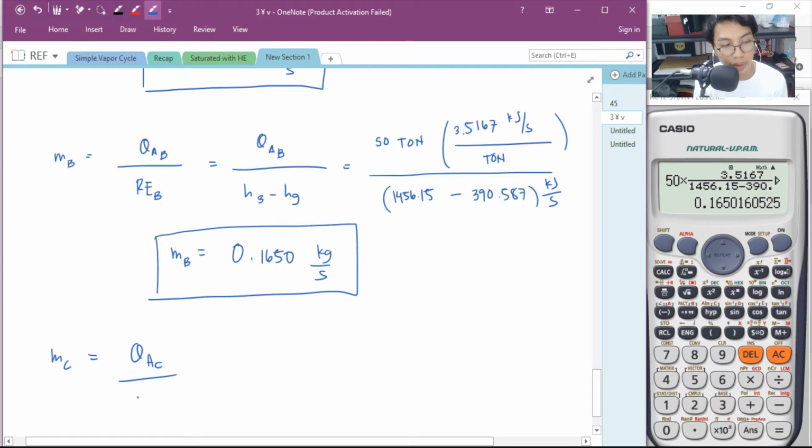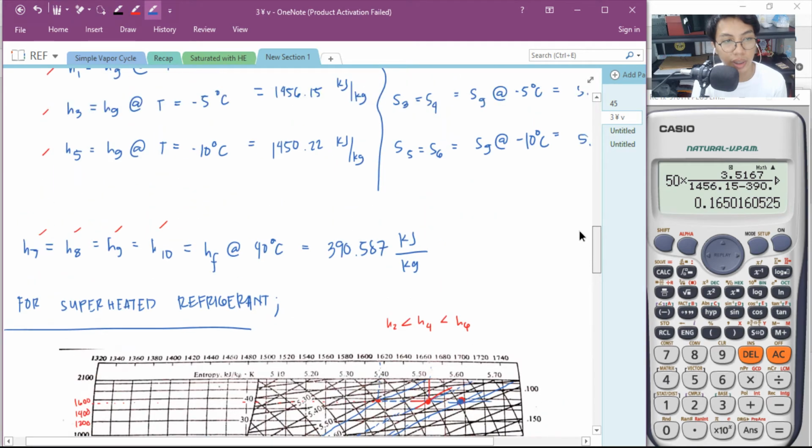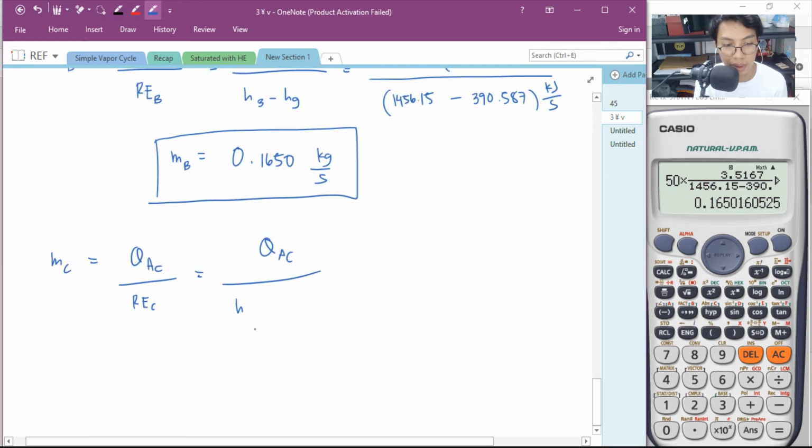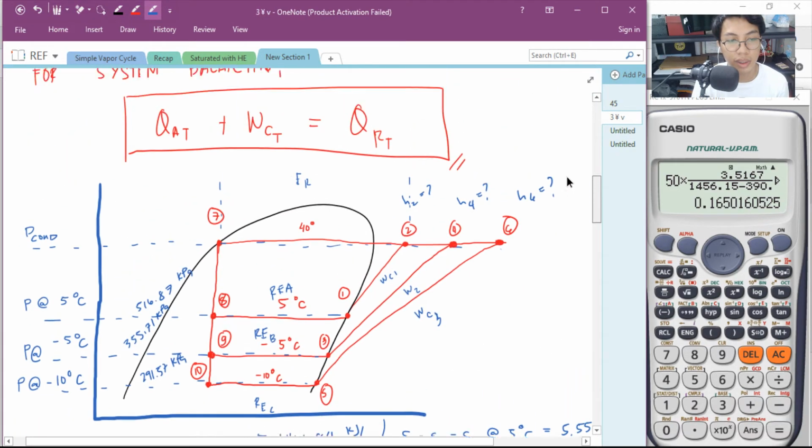MC. QAC over REC. QAC over, ano yun? H10 ata yan? Yan, H5, H10. This is 60 tons, kung di ako nagkamali.